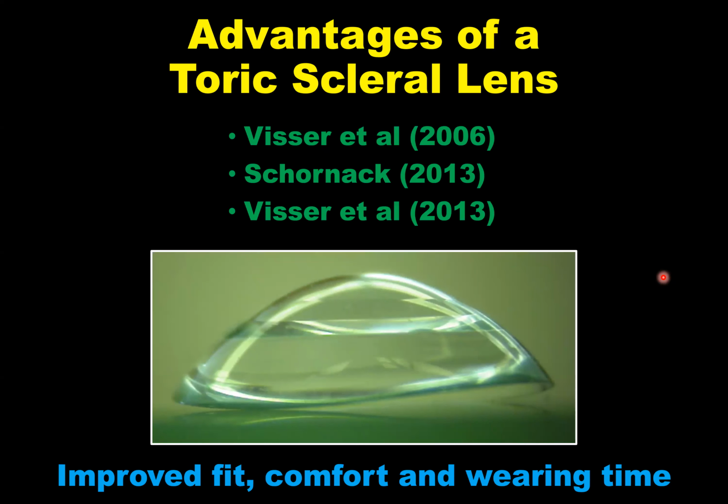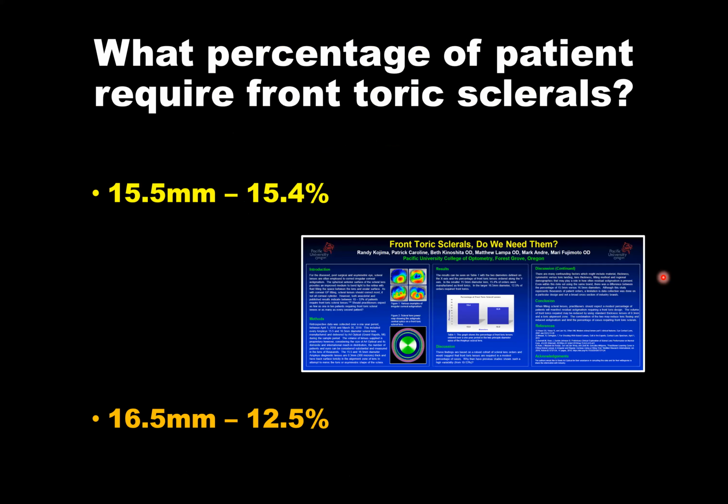You can improve comfort slightly, and you can improve the wearing time during the day. So by using a toric landing lens, which the SmartLens does, we may be creating a more optimal way to land that lens down on the eye surface.